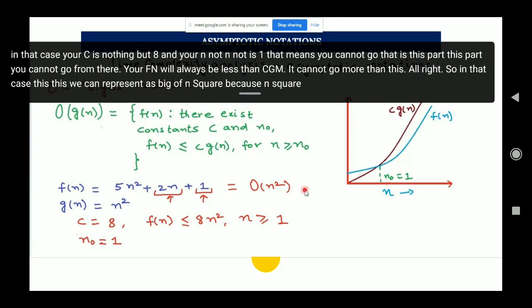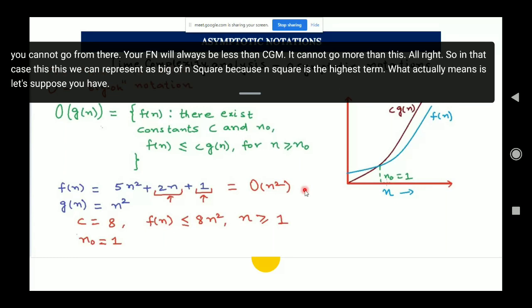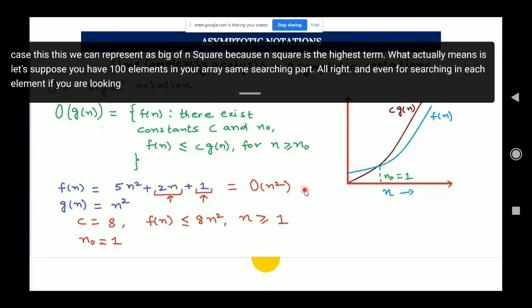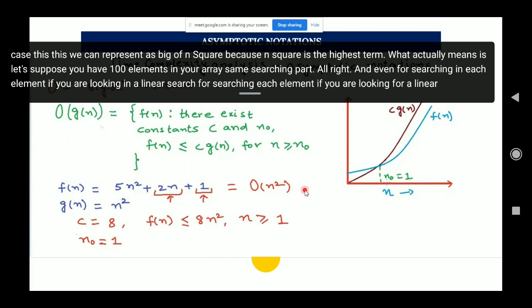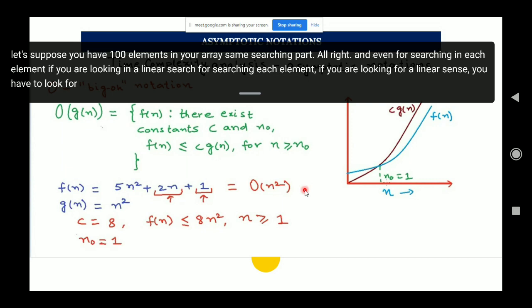What it actually means is, let's suppose you have 100 elements in your array, same searching part. For searching each element with a linear search, you have to look at each and every element at least once.